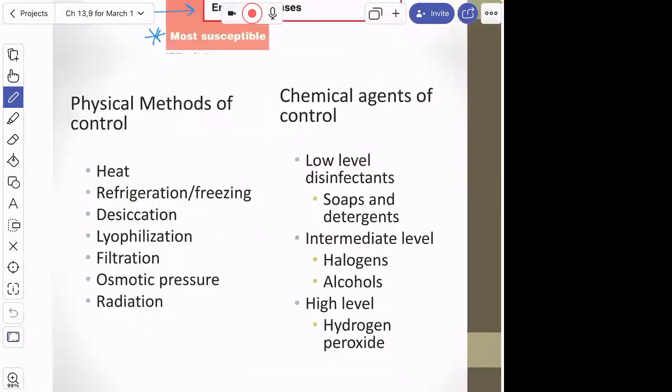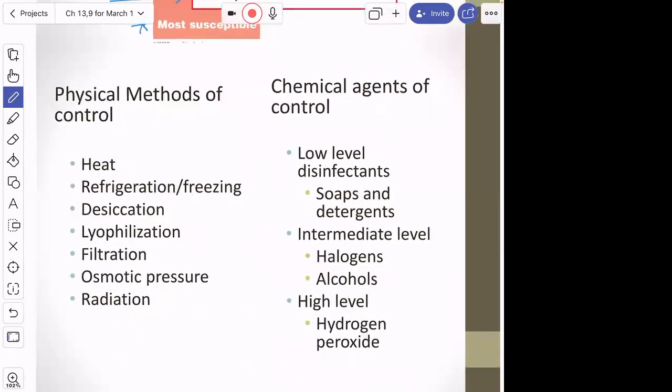All right, so we are going to talk about these physical methods of control first. We'll go through those, especially spending time on heat and a little bit of time on radiation, touching on everything in between. And then I've picked a few chemical agents of control. We're not talking about all of them that the book talks about. I'm talking about fewer of them than in previous semesters. I dropped the ones that just aren't used very much, usually because they're too toxic to us.